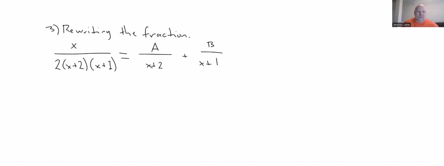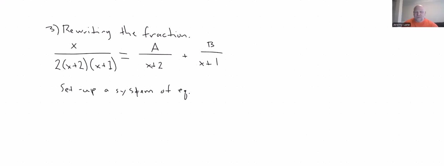So what we're going to do here is set up a system of equations. Now, there are many, many techniques for handling distinct linear factors, but we are going to set up a system of equations.